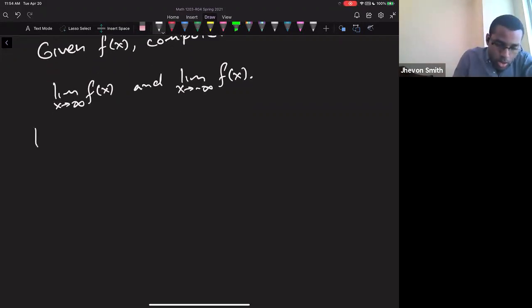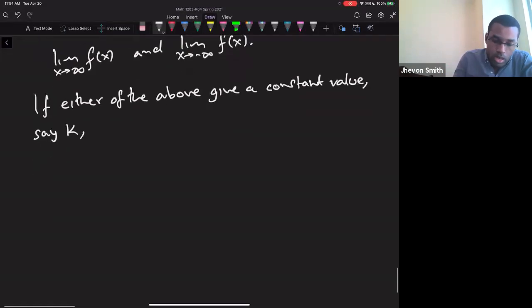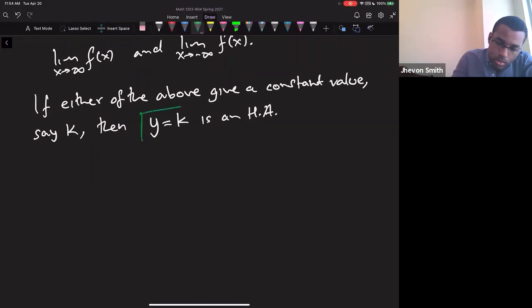Now, how do you know if you have a horizontal asymptote? If either of these limits give a constant value, say k is the constant value, then y equals k is an HA. Okay, so that's how you'd find it.